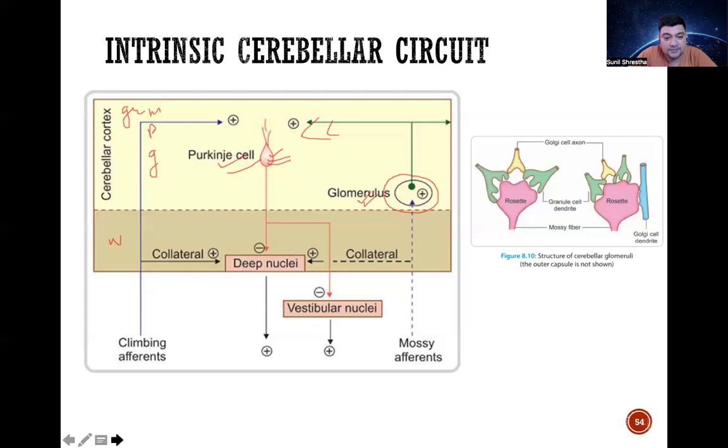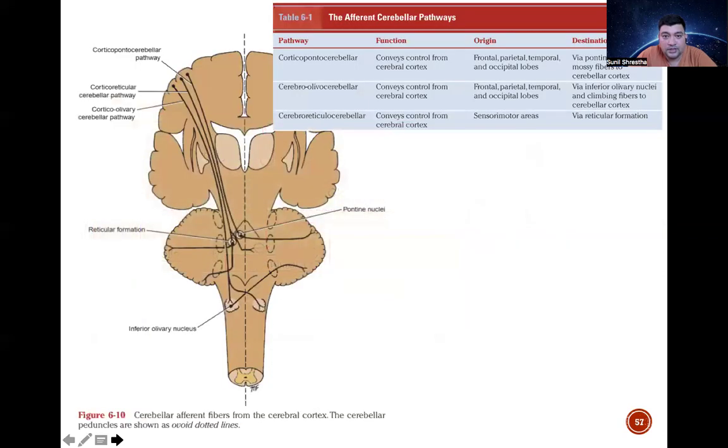Now the afferent cerebellar pathways. The afferent cerebellar pathways basically contain the corticopontocerebellar, olivocerebellar, and reticulocerebellar pathways. From different parts of the cerebral cortex, the information moves to the pons and then reaches the cerebellum.